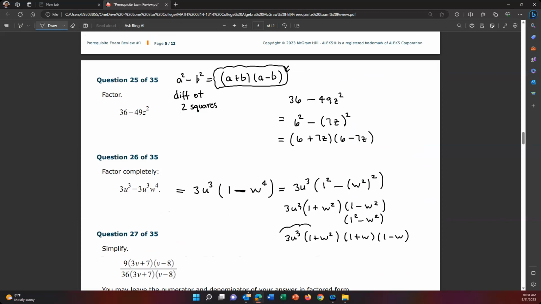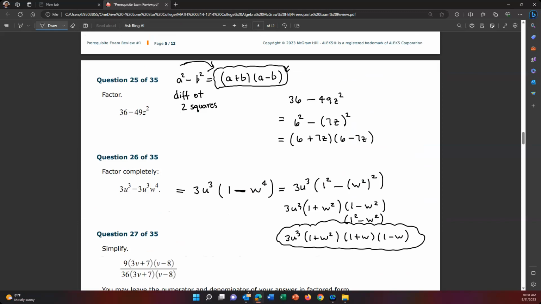And that's it. How come I didn't factor 1 plus w squared? This is not a difference. This is a sum. And we don't have such a formula for a sum, only for a difference of 2 squares.